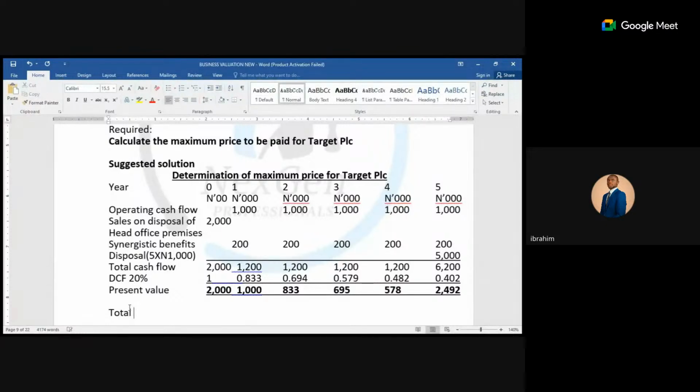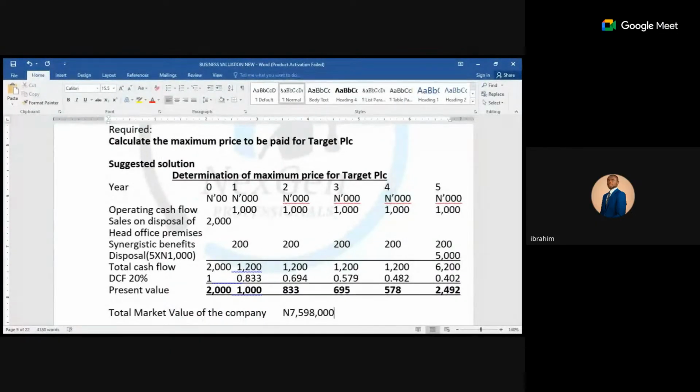Total market value of the company. What do we have? 7,598. Right?